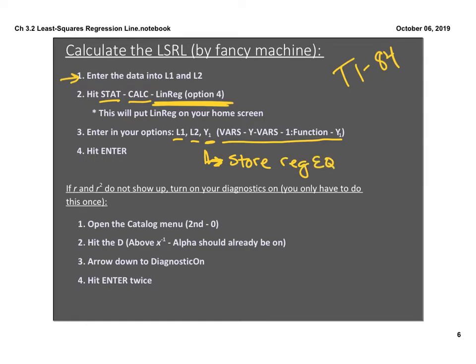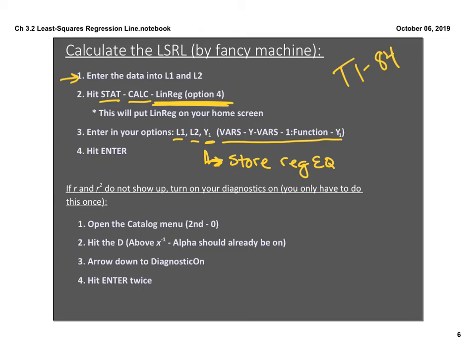So when you're on that store regression equation option, you're going to hit the vars menu, you go over to Y-vars, you hit on function, and then you hit Y1, and that'll put it in your first option. It's still going to take you to the home screen to show you what the equation looks like, but then if you go to zoom and you go to 9, you will see your regression line.